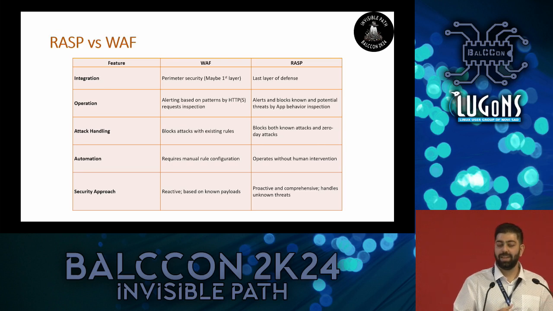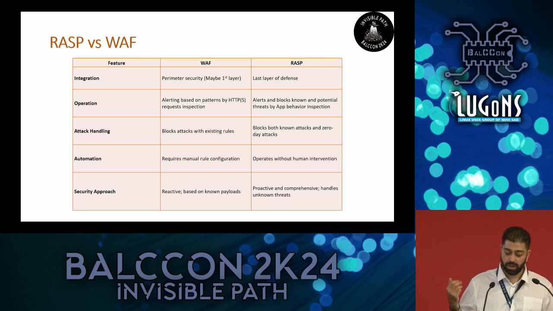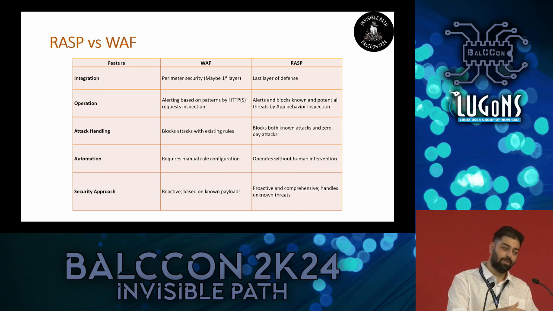Then it can easily detect the abnormal behavior. Also for automation, WAF sometimes requires manual rule configuration, but there are some ways to automate this. However, with RASP you don't need to interact in any phase, except once you want to improve or inject some baselines or signatures by yourself.